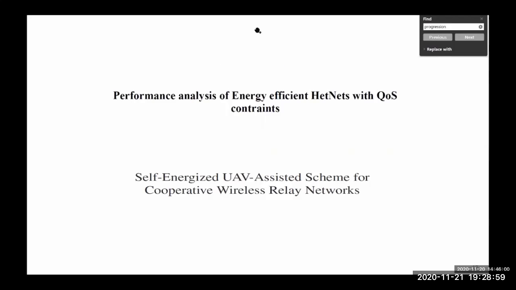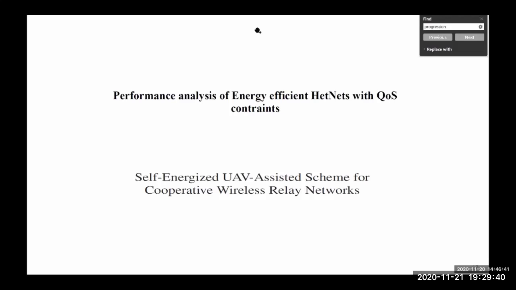So there are two examples that I have taken here, right? Two titles, one on the top, a title that I have seen online, and the second one used in my own paper. And you can see that in the second one, I'm not trying to say that what I did is the best, but there's no best way. The only way is some reasonable way that you need to have your title. So in my paper, we say what kind of methodology we use: a self-energized drone-assisted network for a cooperative wireless relay scheme.